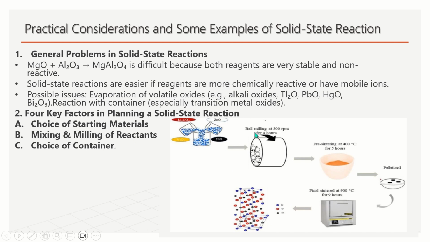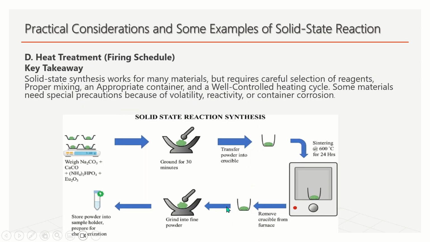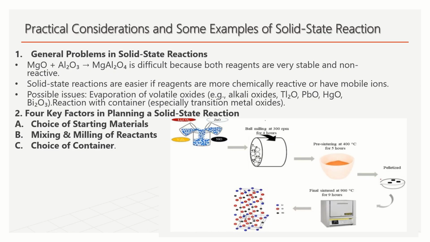Like in this picture, the ball mill mixing is shown at 300 rotations per minute for 4 hours, and in this manual method, grinding the particles to finer size so that they come close together to react is shown in this picture. So the ball milling works by rotating the jar with the agate balls inside. The balls hit and grind the powder, reducing the particle size and ensuring intimate contact.